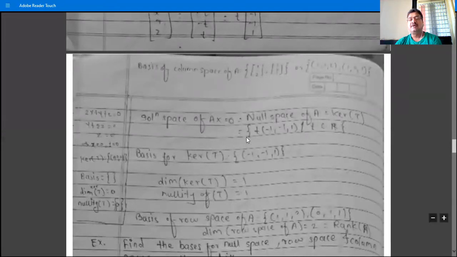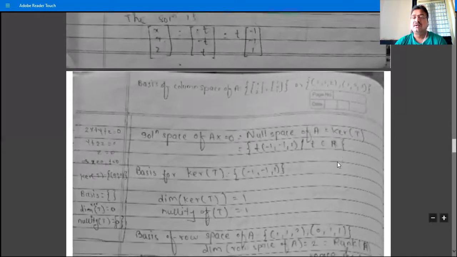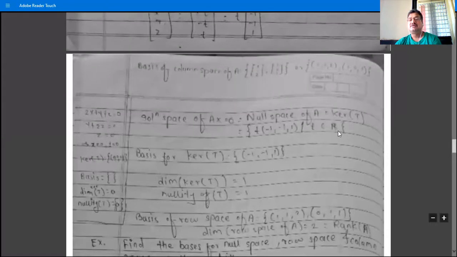And then what is the kernel of T? It is the solution set, that is t times (-1, -1, 1), such that t belongs to R. This is the kernel of T, a subspace. How many elements does this set contain? It contains infinitely many elements.